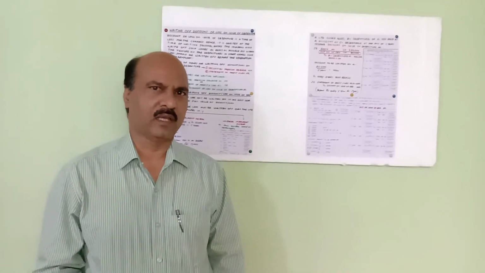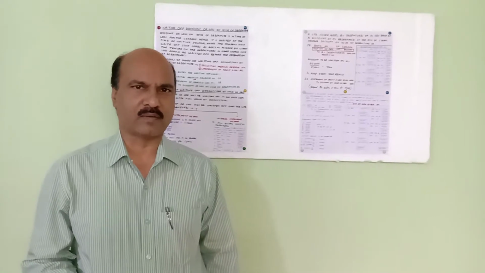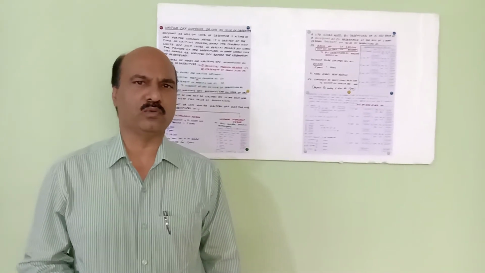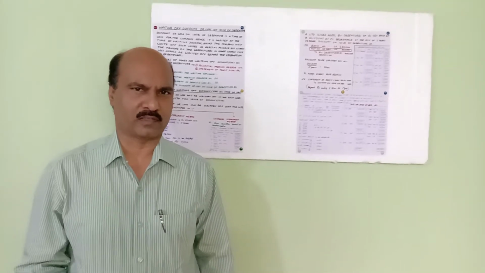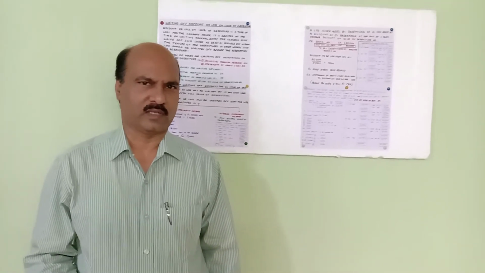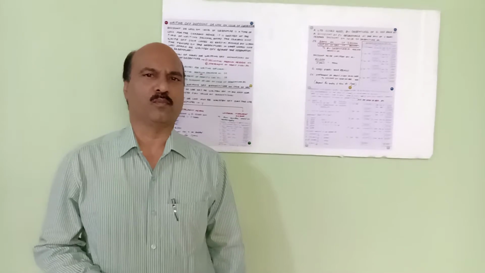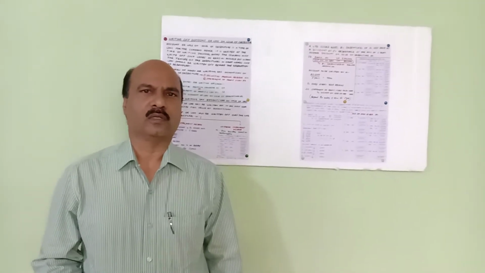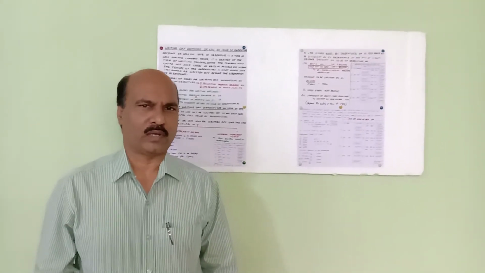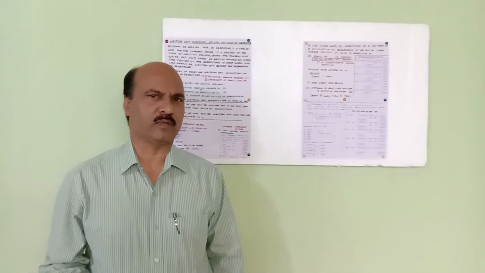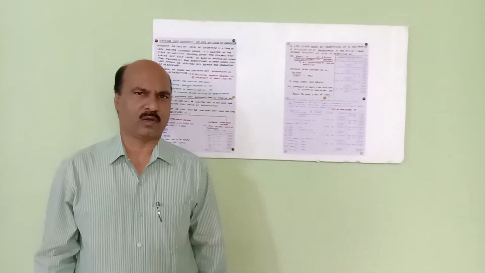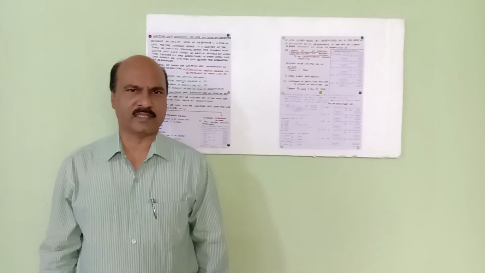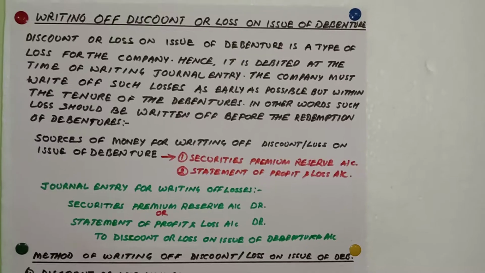In other words, the securities premium reserve amount should be utilized for writing off the losses. That is one source. The second source is the profit and loss. So there are two sources: first, the securities premium reserve, and another, the profit and loss account. So let's see how it goes.